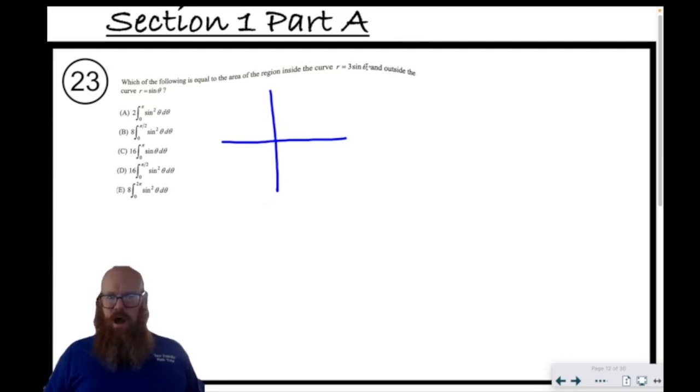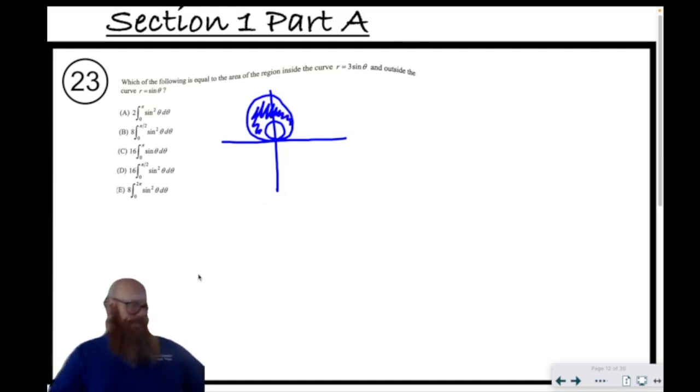They're circles where the diameter is on the y-axis because it's sine. Here the diameter is 3, and then for this one on the inside, the diameter is 1. And we want it inside this curve and outside this curve. So we're looking for this area.